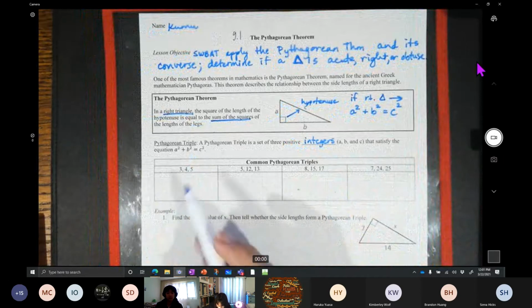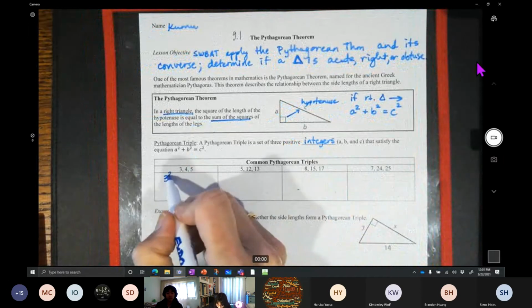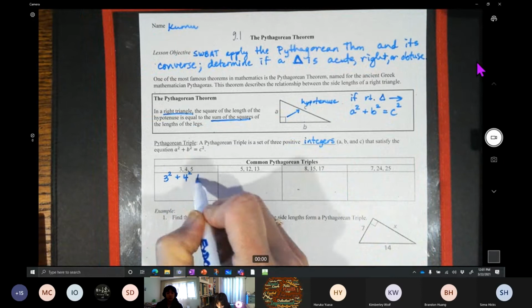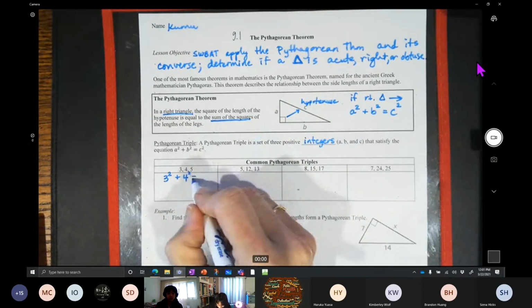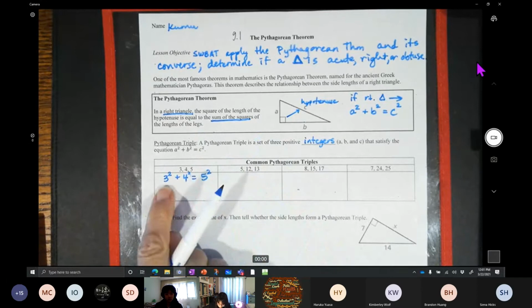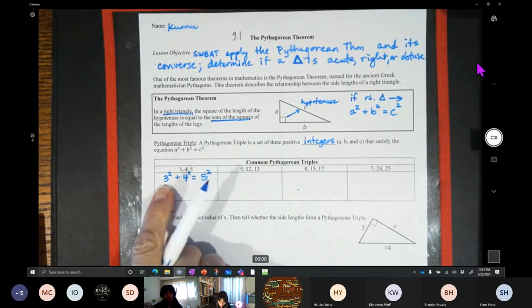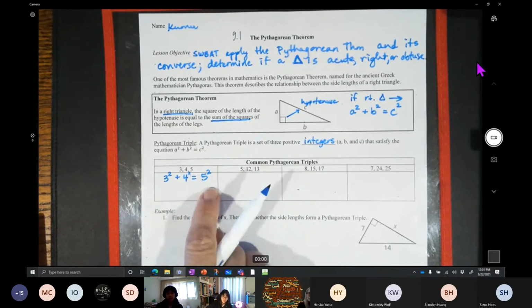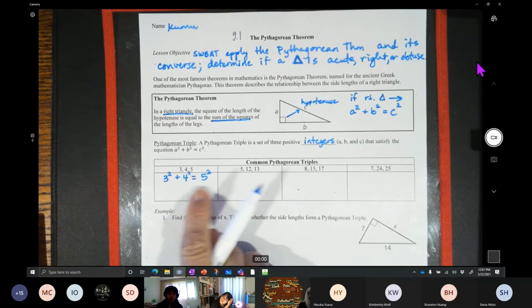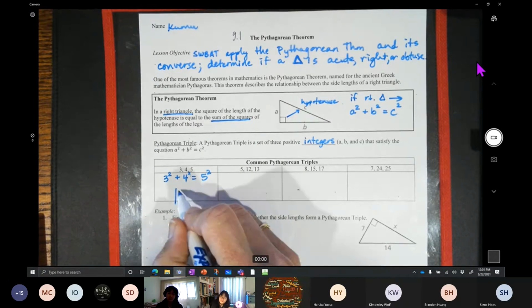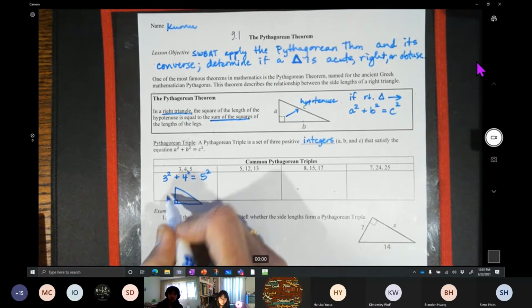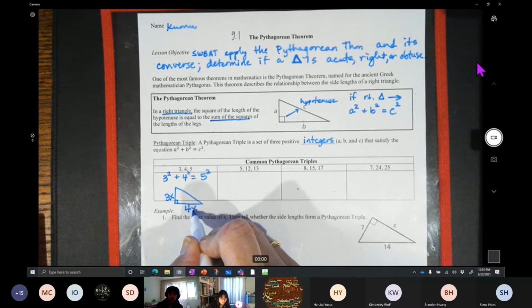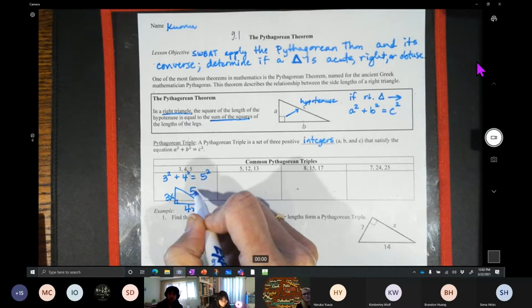A 3, 4, 5 triangle fits like this: 3 squared plus 4 squared equals 5 squared, because that's 9, that's 16, and that's 25. So you add them together. This works, which means if those numbers work, then any similar triangle in that same ratio will also work.